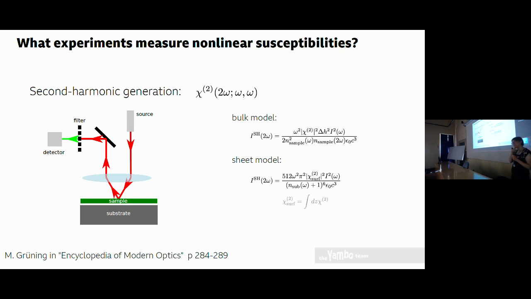You could consider having a non-centrosymmetric bulk material with the interface.